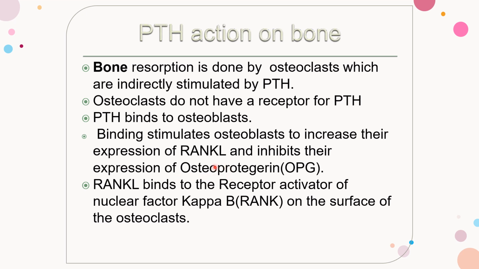This is a decoy receptor of RANK ligand and regulates the stimulation of the RANK signaling pathway by competing for RANK ligand. RANK ligand binds to receptor activator of nuclear factor kappa B on the surface of osteoclasts.